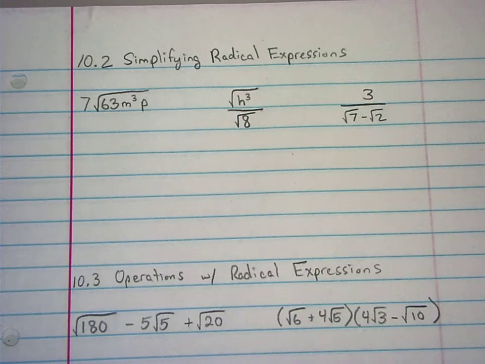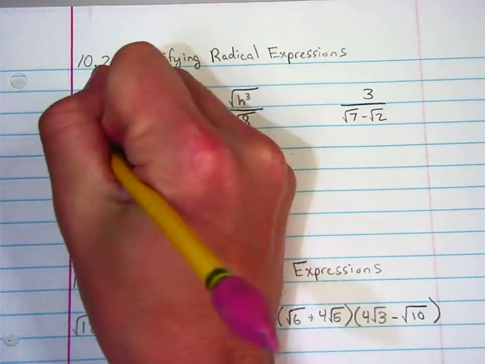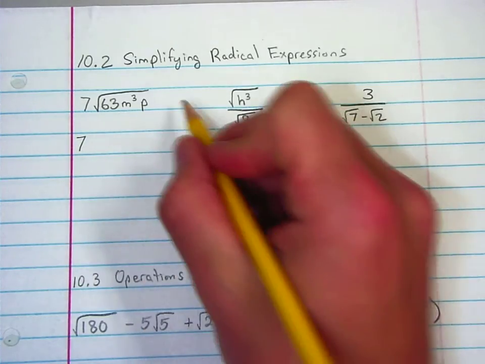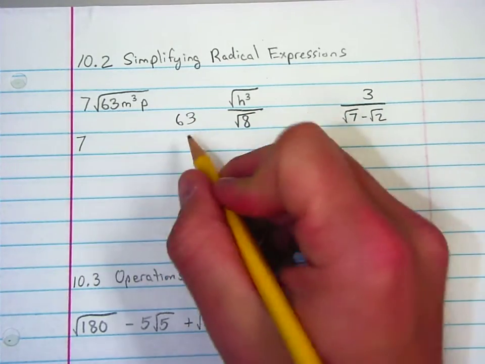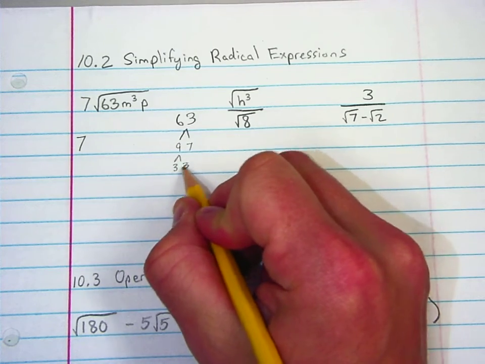Alright, and the first problem we have is 7 times the square root of 63m cubed p. So the first thing I like to do is simplify the number under the square root first. So we have a 7 on the outside. Then we want to see what 63 can break down to. So we have 9 and 7 and then 3 and 3.